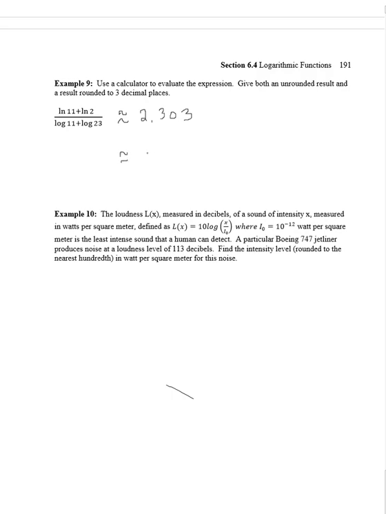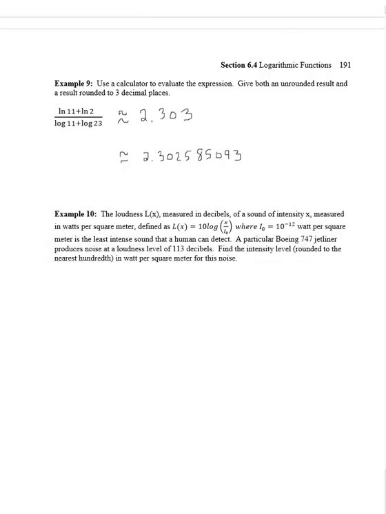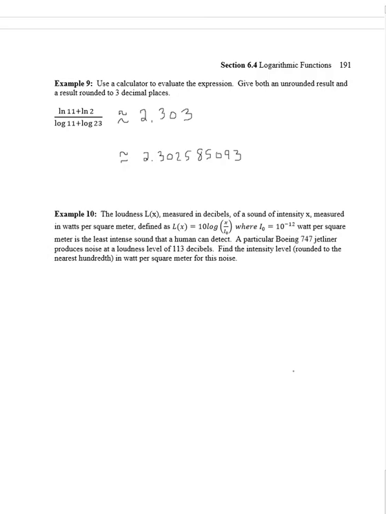Unrounded, still an approximation, it is going to be 2.302585093. Okay. Get rid of that accidental mark I made down there.